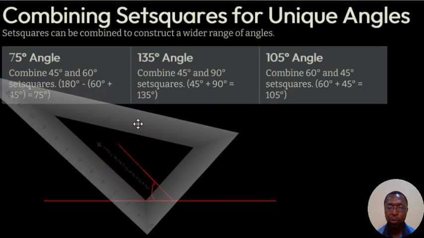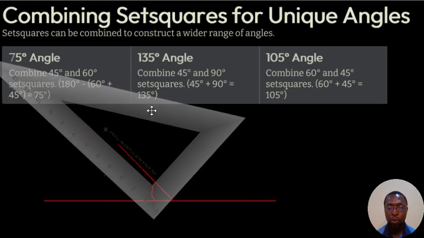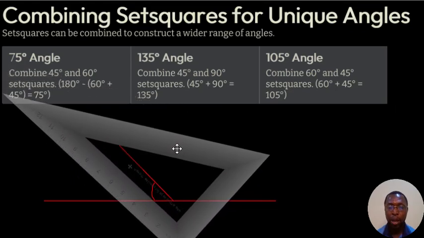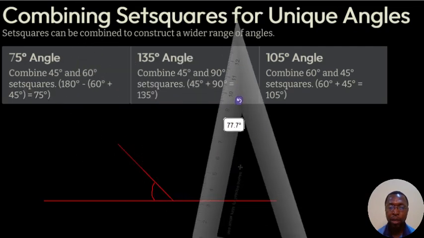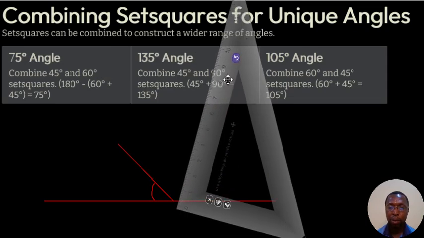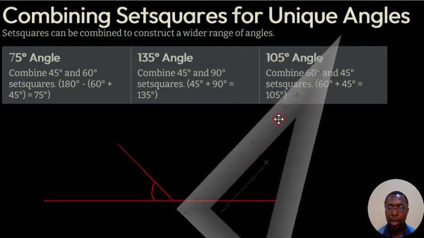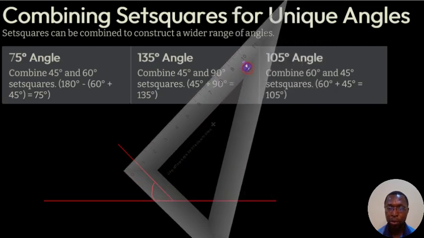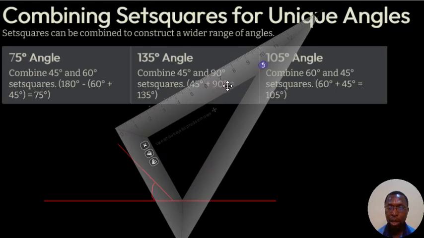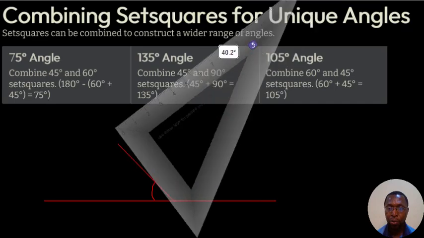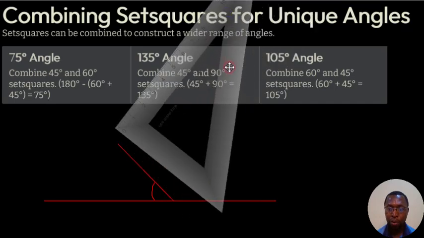So all I need to do is to place, I need to rotate the set square where the 60 degree is. Let me rotate it again so we can get our measurement correctly. So you can see I'm doing that. Okay, rotating it. So that point of 60 degrees is where I'm going to be rotating it now.